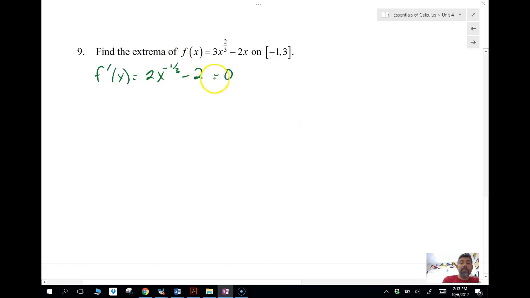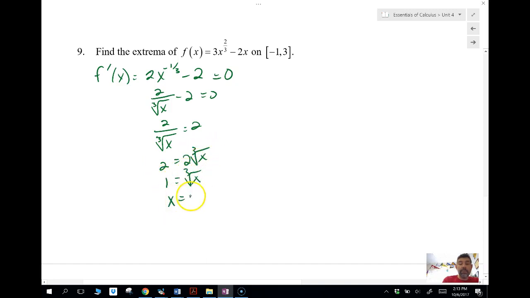We're going to set this equal to 0, and then I'm going to solve. One equals cube root of x, x equals 1.